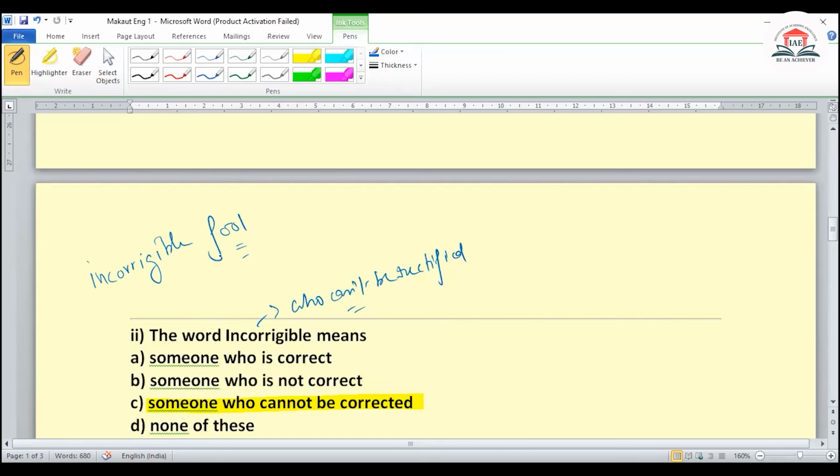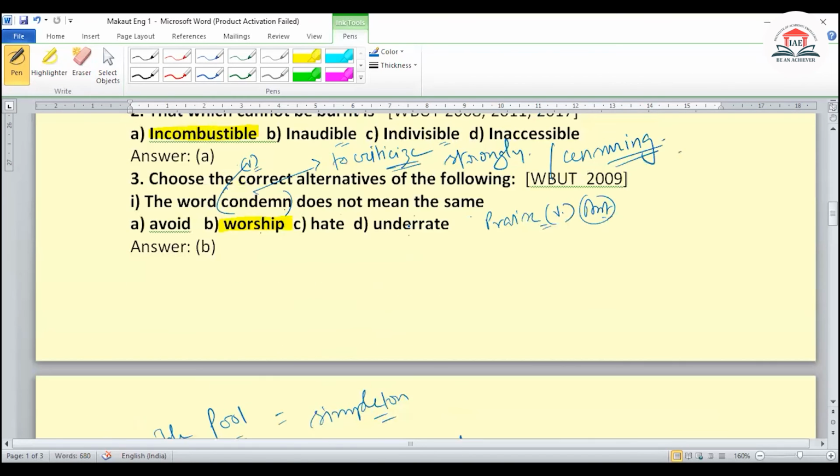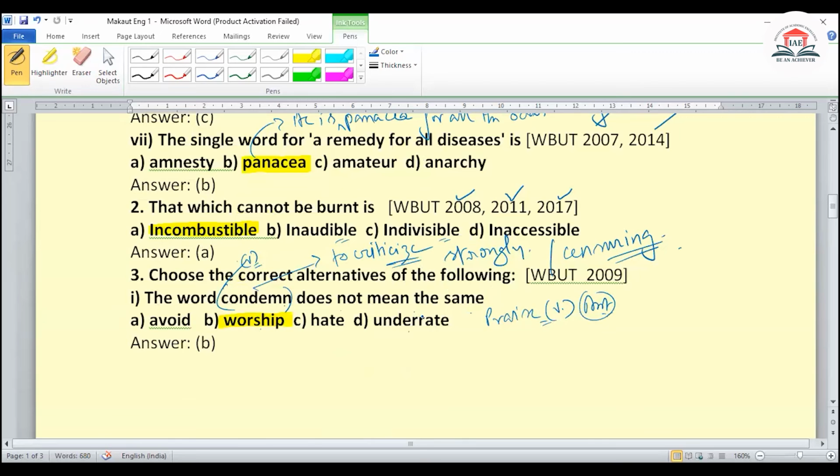So that is a person, simpleton, incorrigible fool, gadha, a simpleton, right?